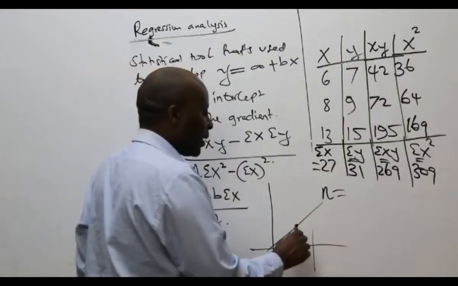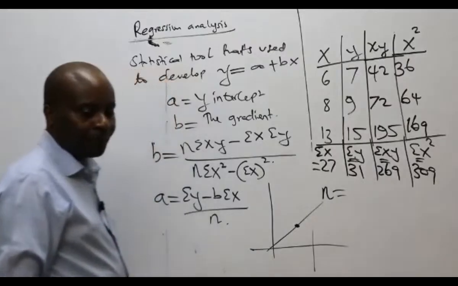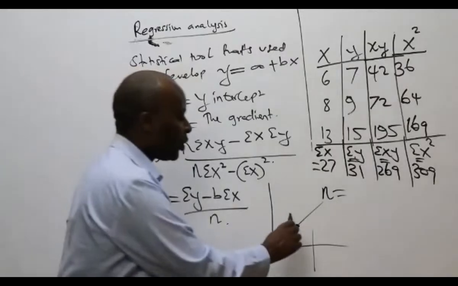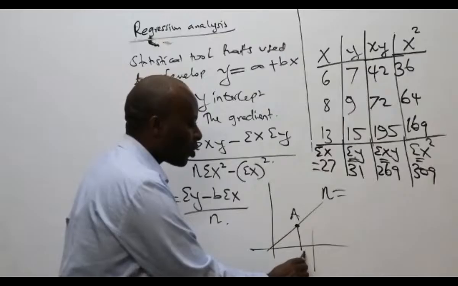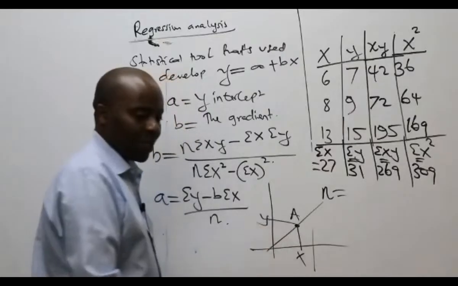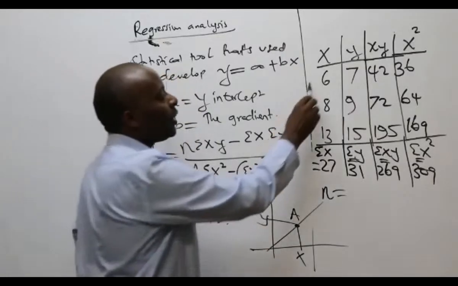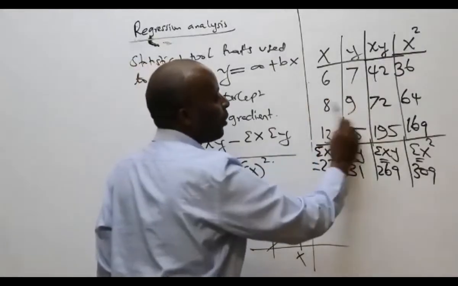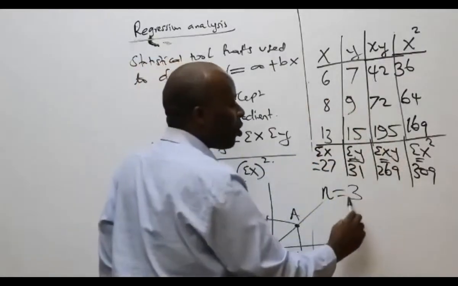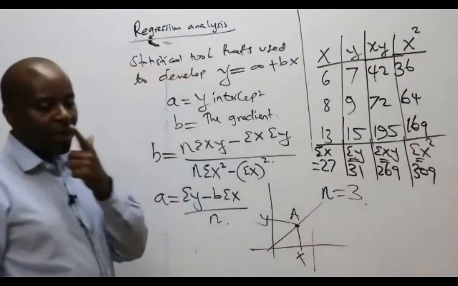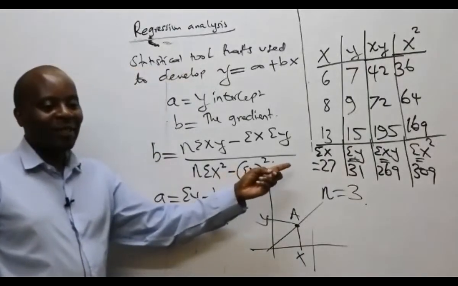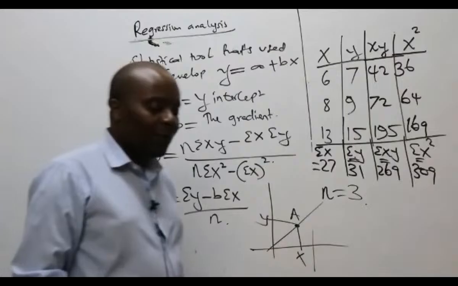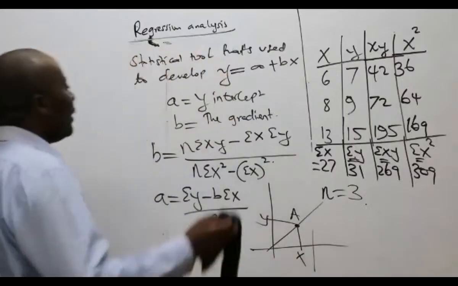If this is point A, it has got an x coordinate and a y coordinate. So when you see this xy, this is point number 1, point number 2, point number 3. They are correct. n is 3. Please don't count the totals.